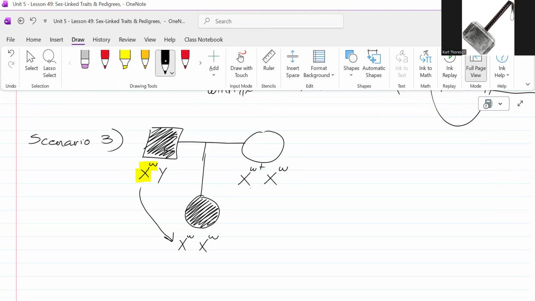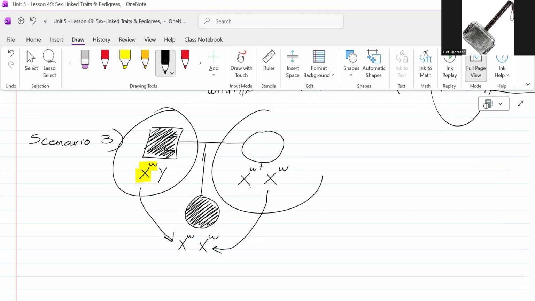Flip a coin. It's 50-50. She inherited the mutated one. So this is what it takes for a female to have an X-linked trait, to show it, to display it. She has to have an affected father and at the least a carrier mother.